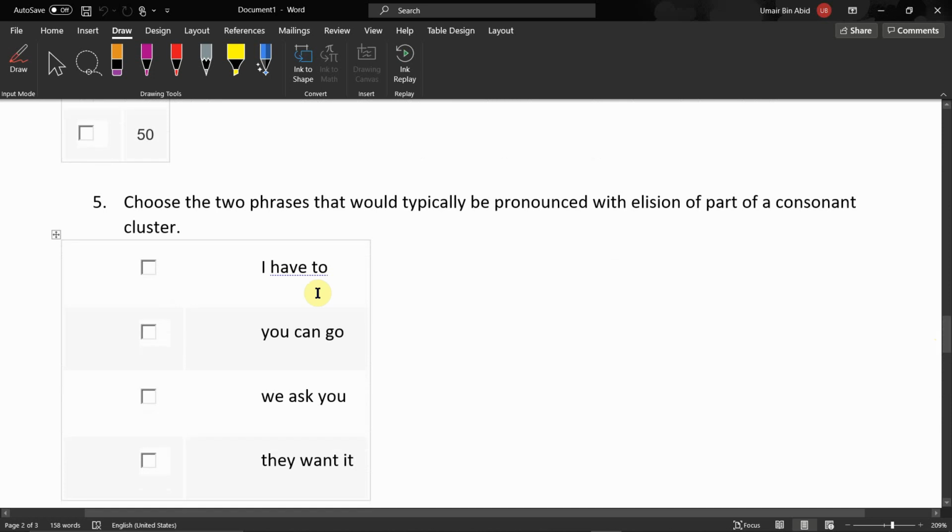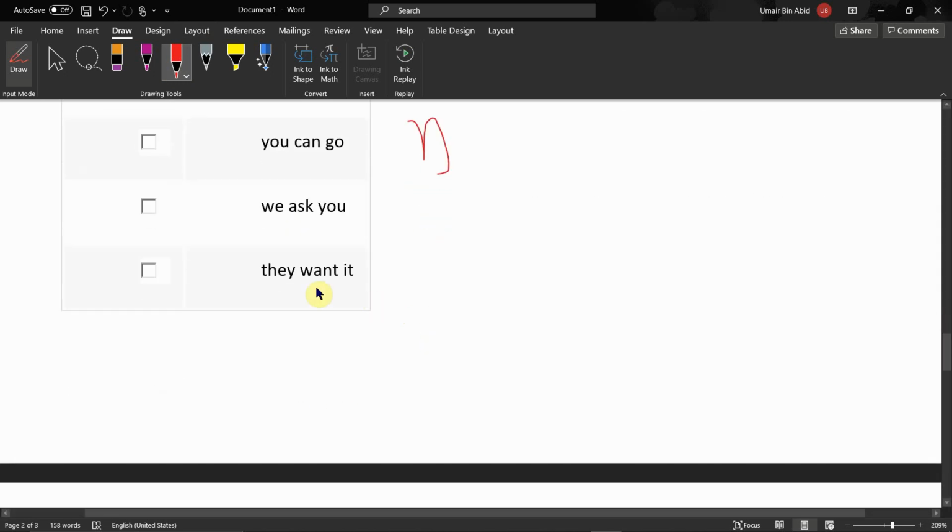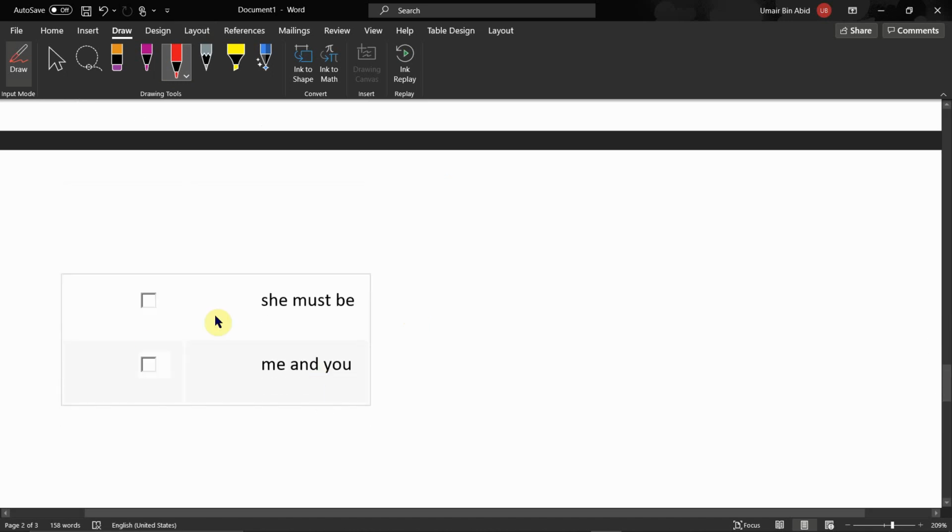So here we have what we call assimilation: instead of have to, it will become hafta, but there is no elision. You can go once again will change to something like this, but no, there is no elision of sound. We ask you, once again, there is no elision. They want it. So actually, these are not the correct options.